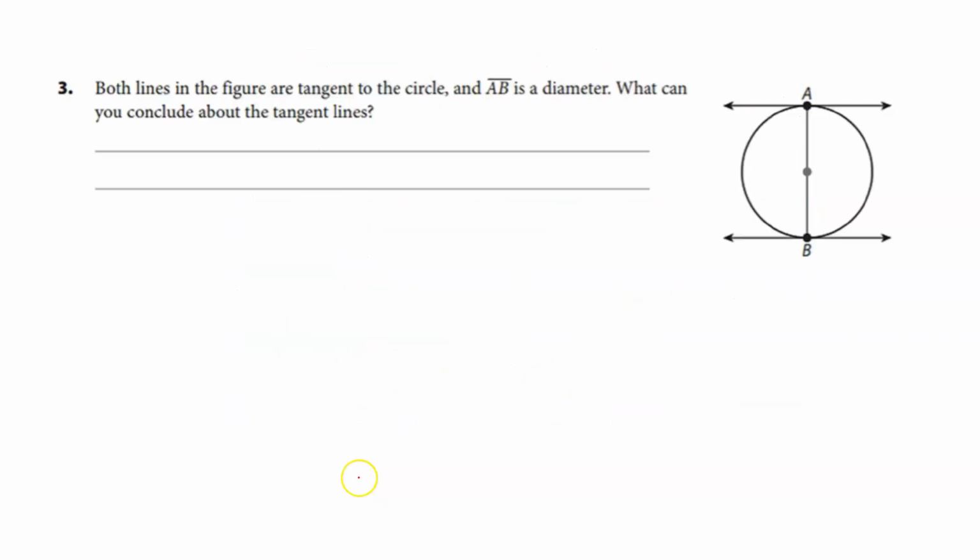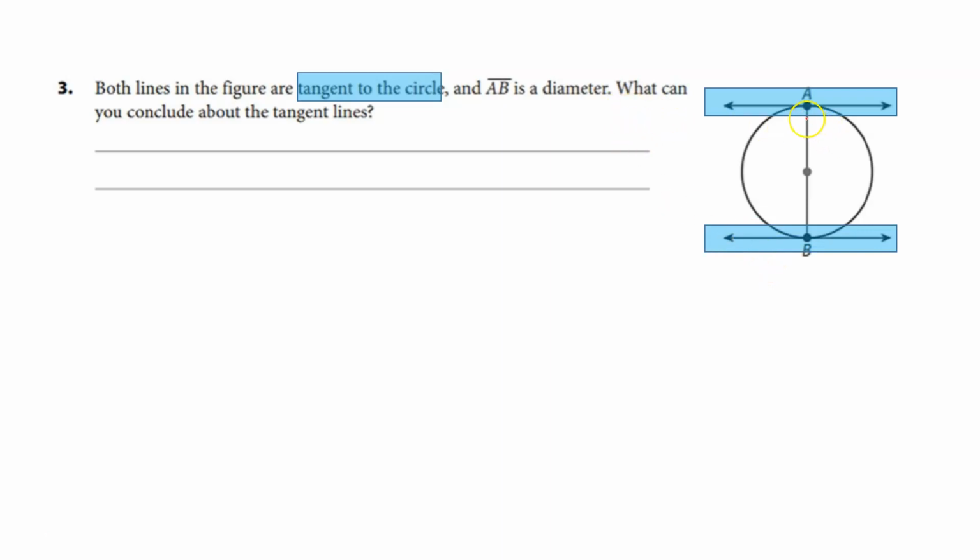Here we go! So here it says both lines in this figure are tangent to the circle, and they cross that diameter, AB. What can you conclude about the tangent lines? Well, I know that they're tangents. There's one line, there's another.